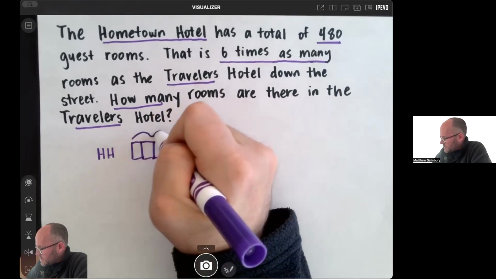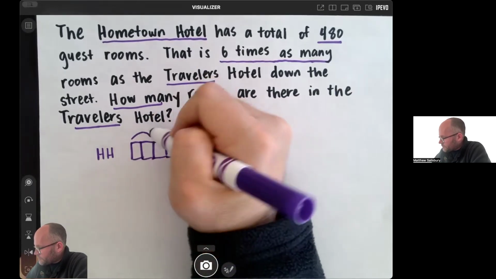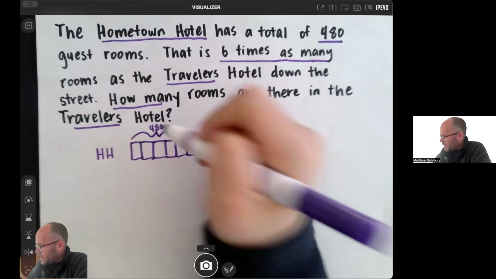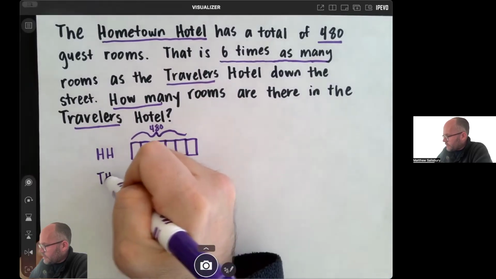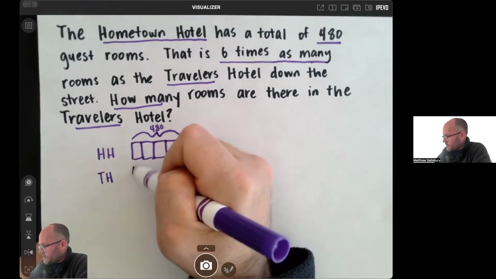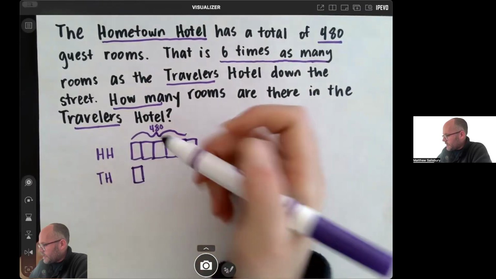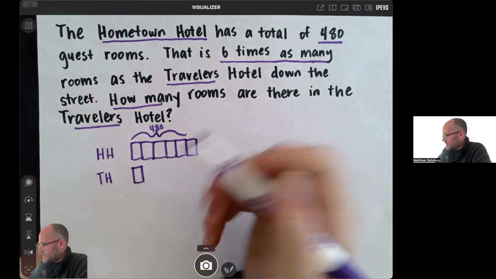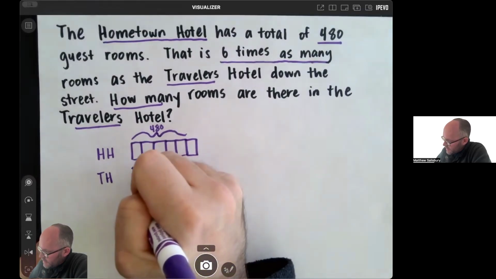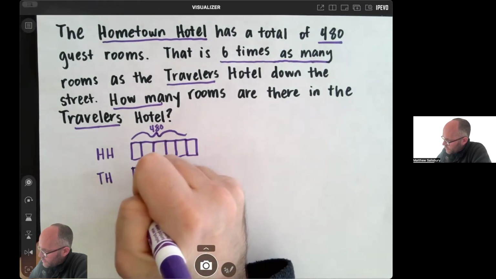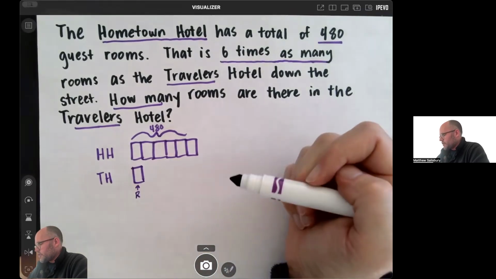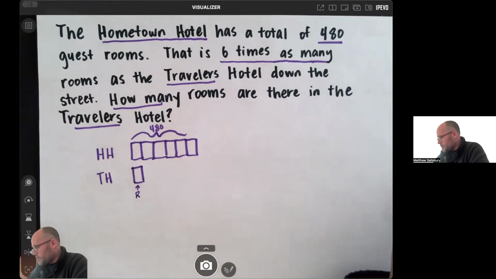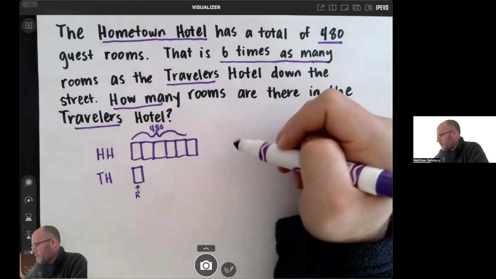And that number that's 6 times as many is 480 rooms. The Travelers Hotel has just one of these because that shows this is 6 times as many. And this is how many rooms the Travelers Hotel has. So if it's 6 times as many, I could do 6 times blank equals 480, but we're working on division.